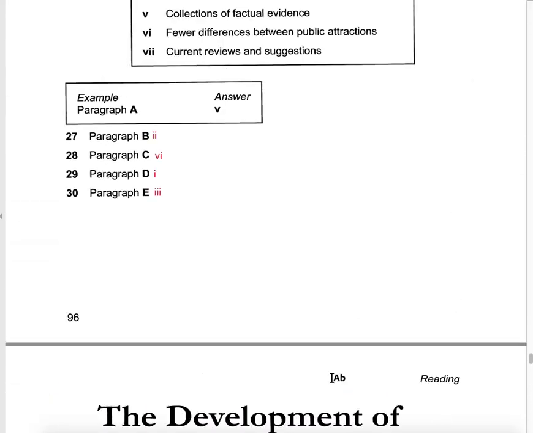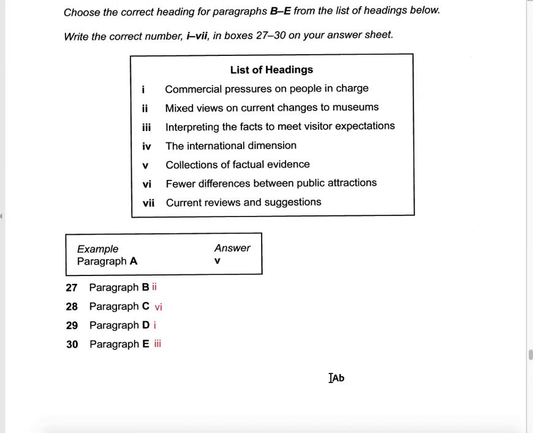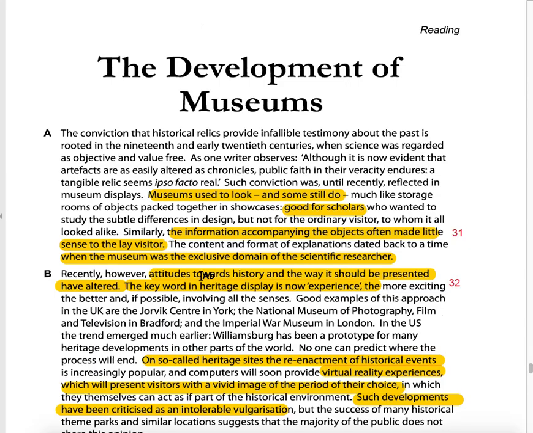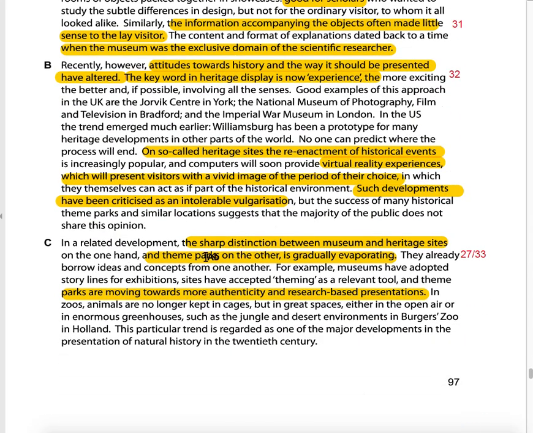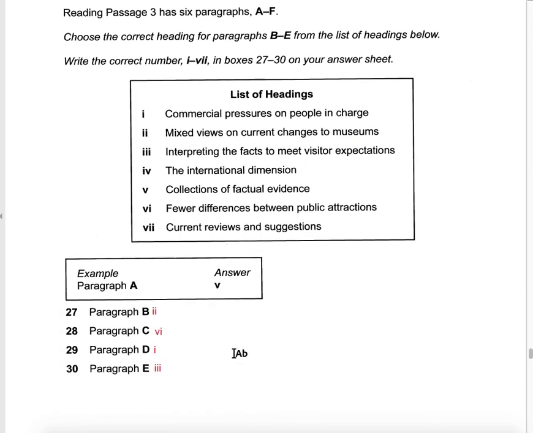Okay, well, even I got confused in that one a little bit, but I think I sorted it out. So yes, 2 right, 6 right, fewer differences. Oh yeah, 28, paragraph C, yeah, right. Let me double check. Right, yes. D1.